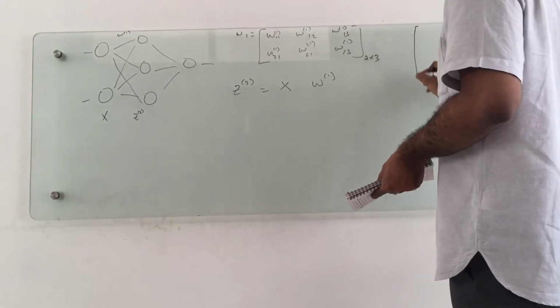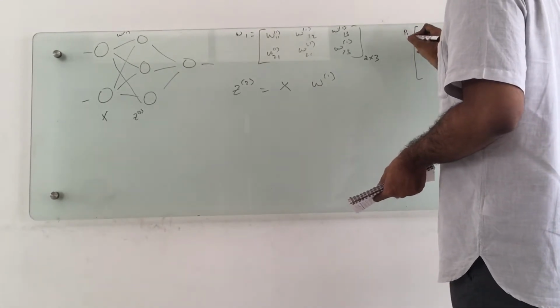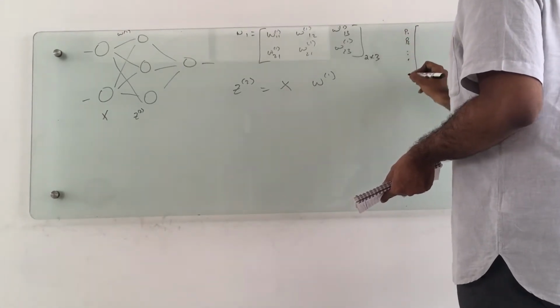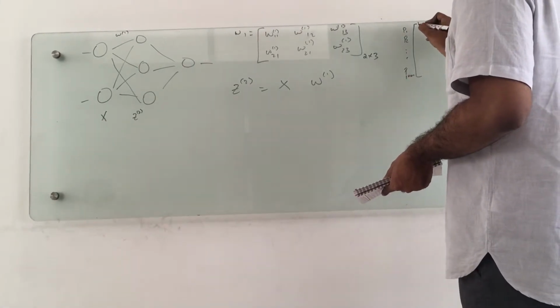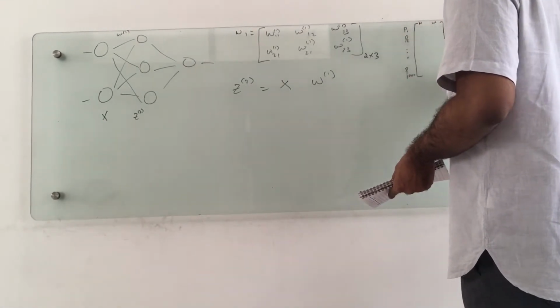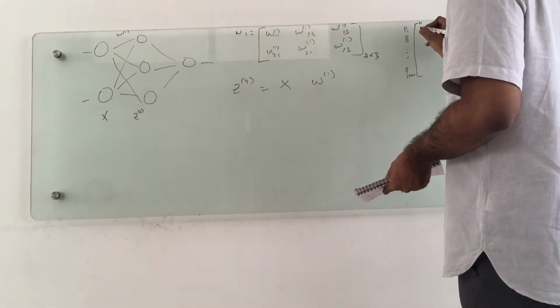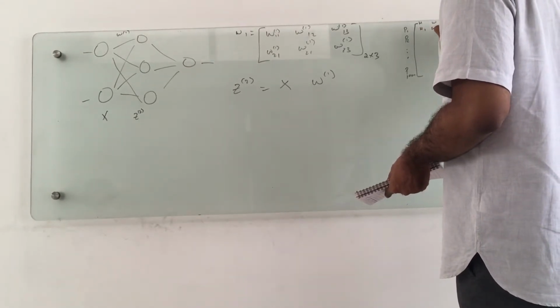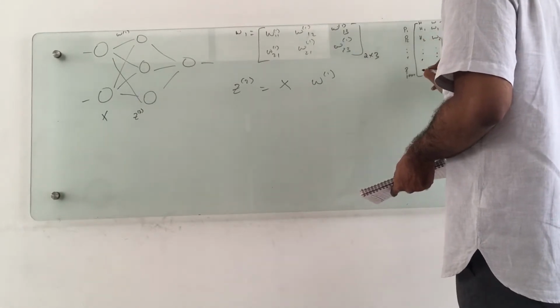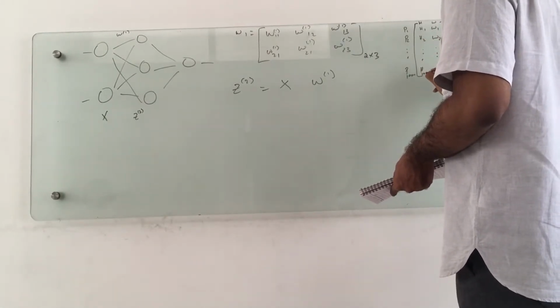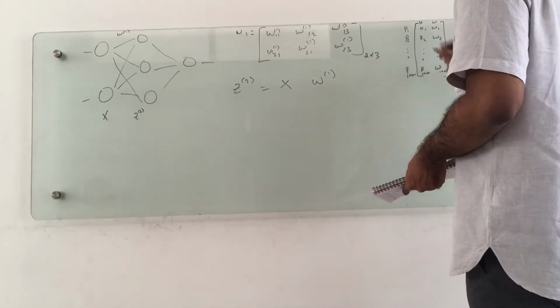So this is person 1, person 2, till person, say, 1000, with height and weight. Height 1, weight 1. Height 2, weight 2. Height 1000, weight 1000.